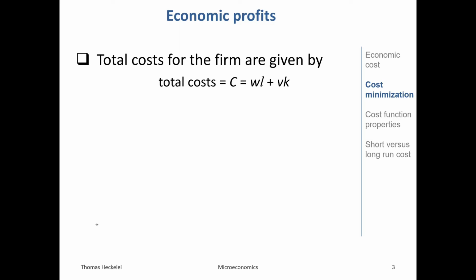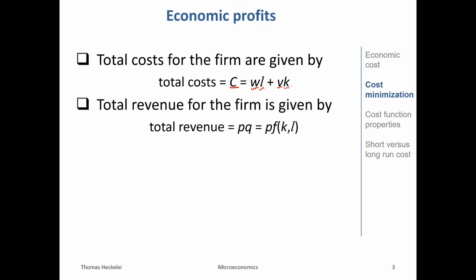So total cost for the firm is given by, assuming the firm only uses two inputs, labor and capital, the total cost denoted as C equals the cost of labor, which is the price of labor input, wage, for example W, times the total labor quantity used, right? And the same thing goes for capital: price of capital times the quantity of capital. So that's the total cost.